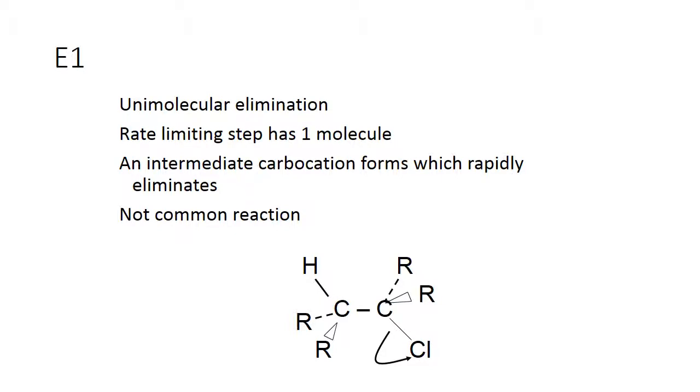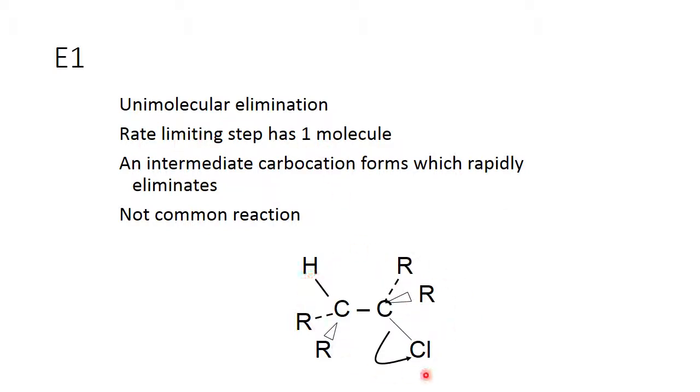As you probably already have guessed, an E1 reaction is elimination, and it's unimolecular because there's only one thing in the transition state. It's very similar to the SN1 reaction, and if a compound will undergo an SN1 reaction, it can be made to undergo an E1 reaction also.